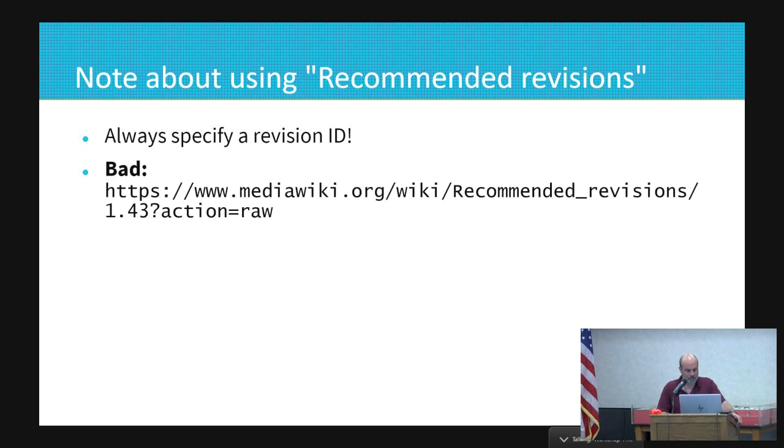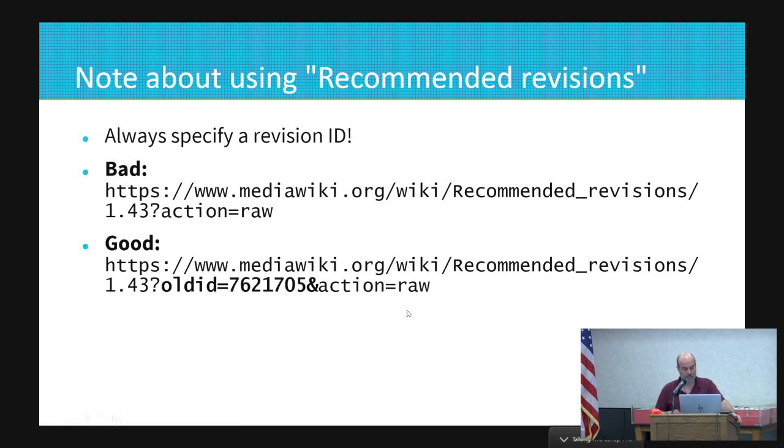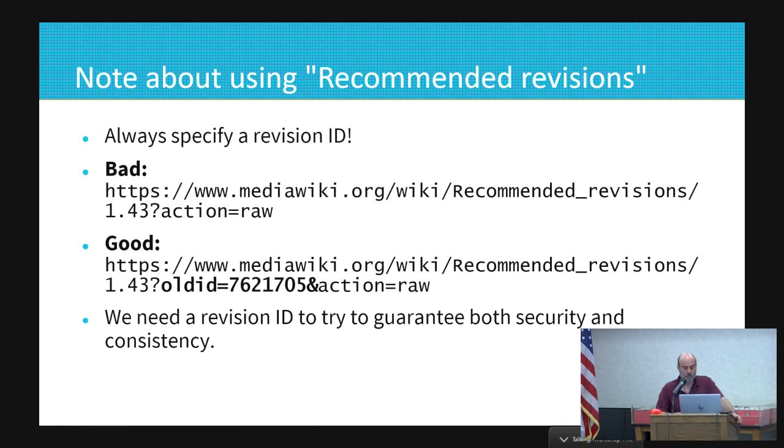So one note about recommended revisions, you should always specify a revision ID. You shouldn't ever just say recommended revisions 143 and get that out. You should instead specify a revision. In MediaWiki, it's called revision numbers. You need that in order to guarantee security and consistency, because it is a wiki, so anyone can go out and make any sort of malicious or bad changes that they want.